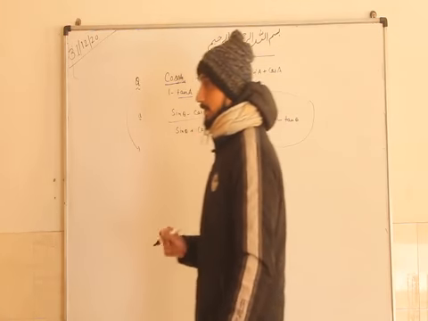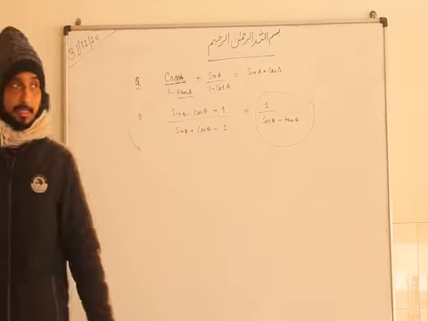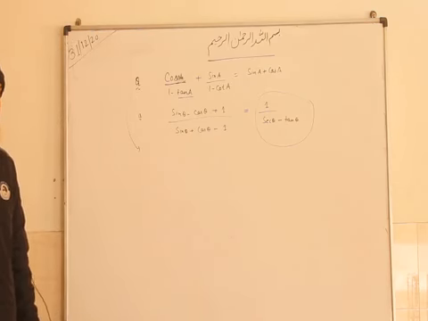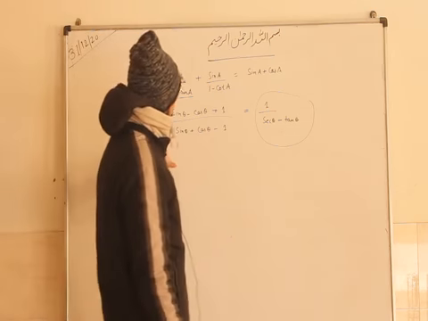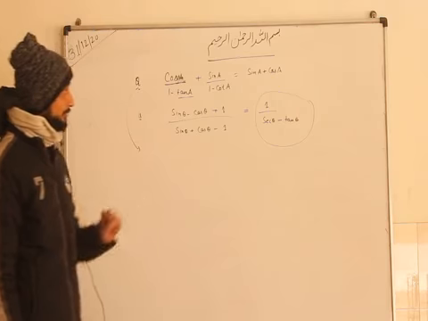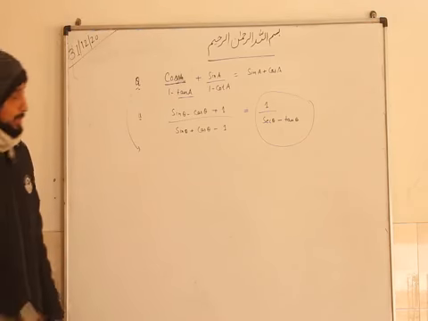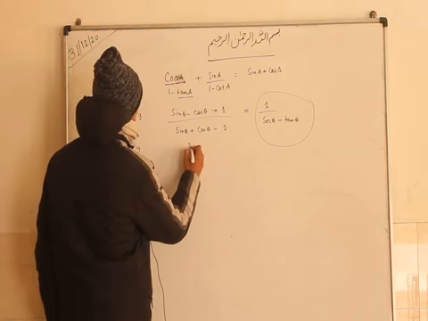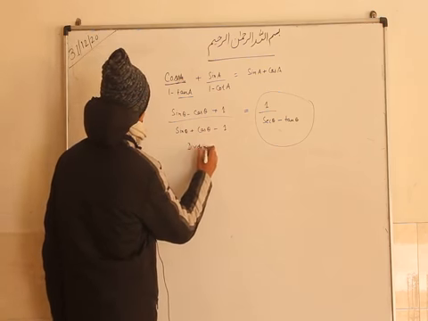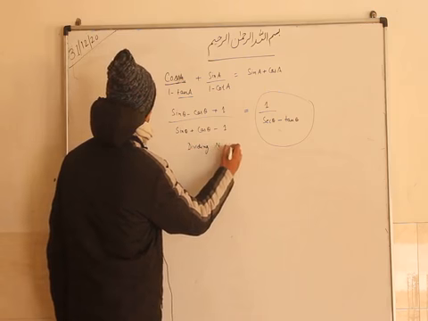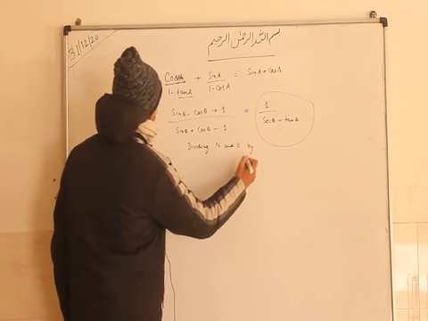So we will try to make it into the form of sec and tan. What will we do? We will divide by cos. Dividing numerator and denominator by cos theta.